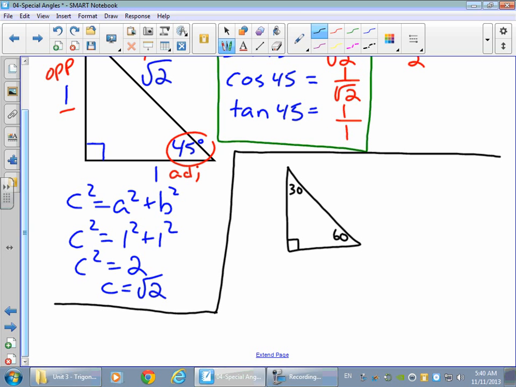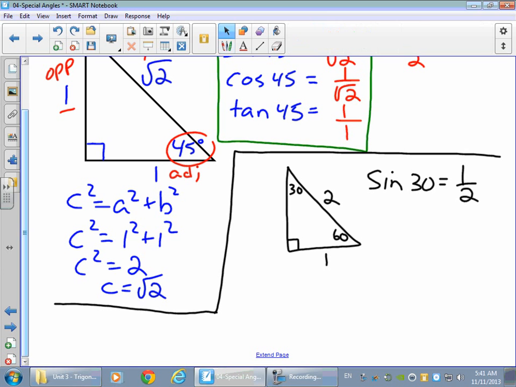There's one ratio I always remember, so that if and when I'm actually asked to find these values, I can do it. Sine of 30 is exactly 1/2. So for 30, my opposite is 1, my hypotenuse is 2.